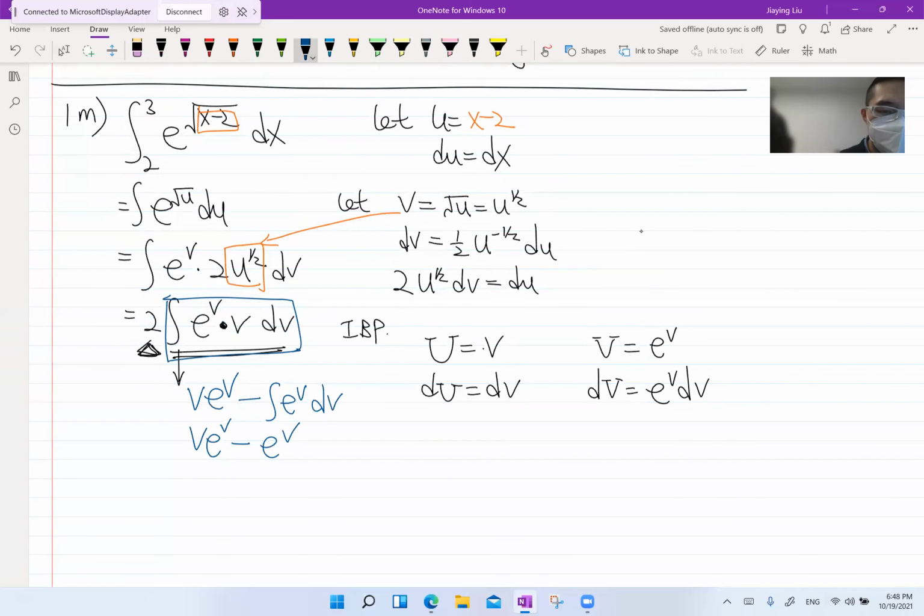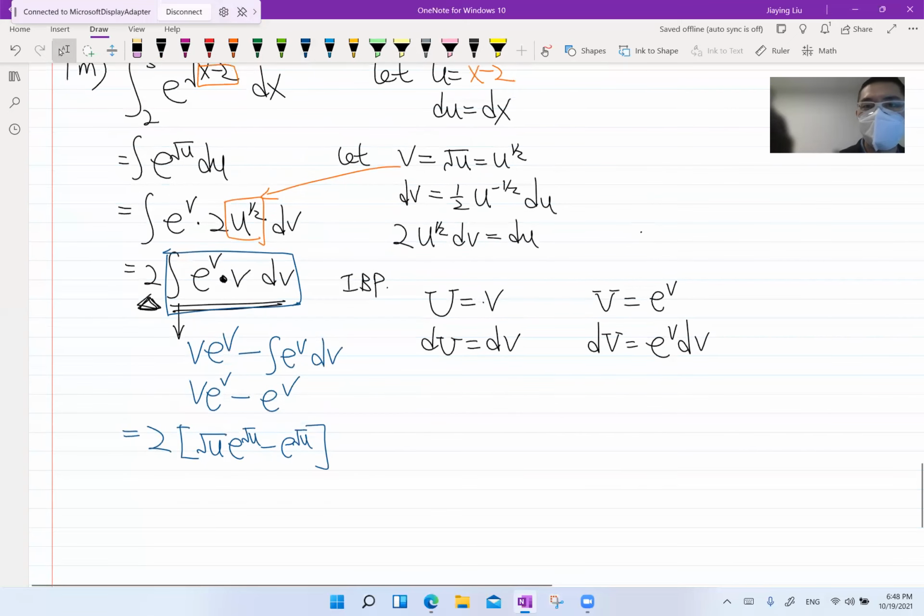So what do I have? The antiderivative is 2 outside times v e to the v minus e to the v. But now I'm going to substitute for v, which is lowercase v equals the square root of u. So I get the square root of u e to the square root of u minus e to the square root of u.